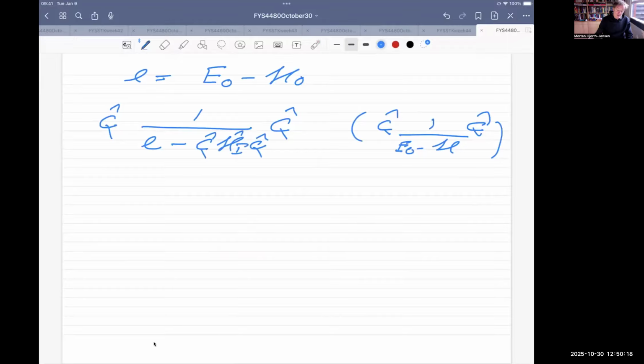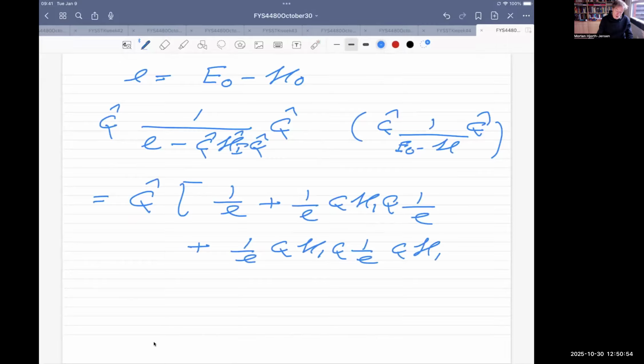Looking at the perturbative expansion, what we can do is to rewrite this as Q of 1 over E, plus 1 over E times Q times H_I times Q times 1 over E, plus 1 over E of Q of H_I of Q, 1 over E, and now I'm a little bit sloppy with the operator signs here.